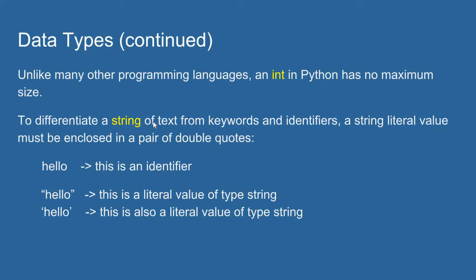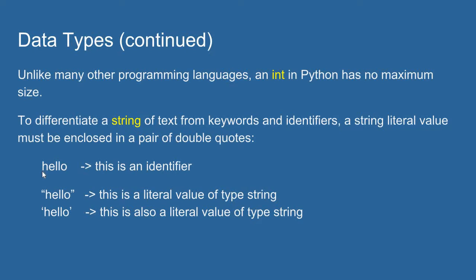And a little bit more about a string. To differentiate a string of text, a value string of text, from text that represents a keyword or an identifier in Python, we have to enclose the string literal value inside a pair of quotes. Either double quotes or single quotes will work as well.